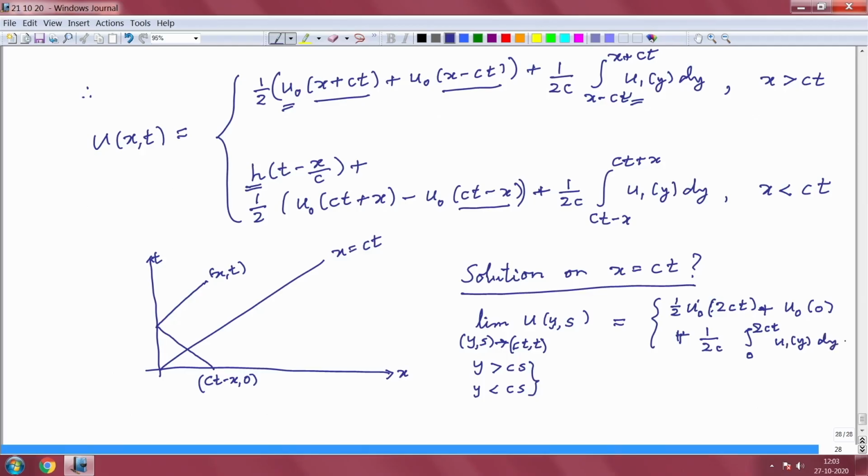So, if I use the first expression, that is the limit I get, and if I use the second expression, that is valid for y less than cs, again I get half u_0(2ct), you have to do it carefully, minus u_0(0) plus 1 by 2c, integral from 0 to 2ct of u_1(y) dy, and there is of course the boundary term. So, that is coming h_0.